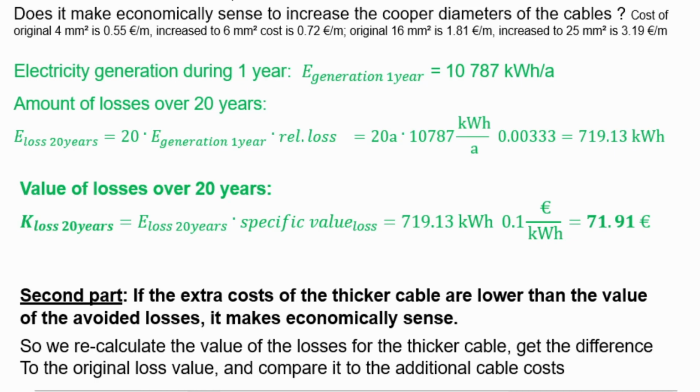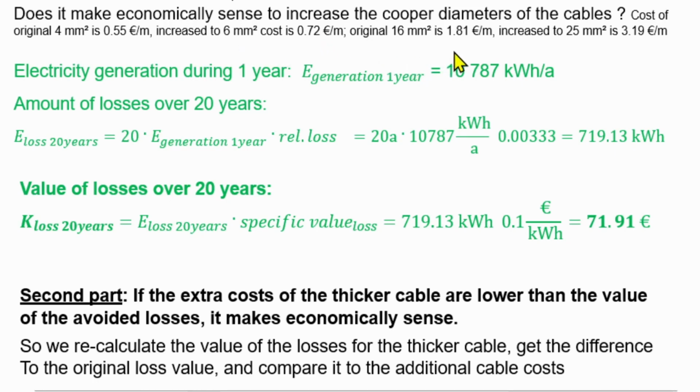So we got the costs for the different cables, as before, printed here in small. So these were 0.55 euro per meter for the 4 square millimeter cables, and they increased to 0.72 euros per meter for the 6 square millimeter cables.